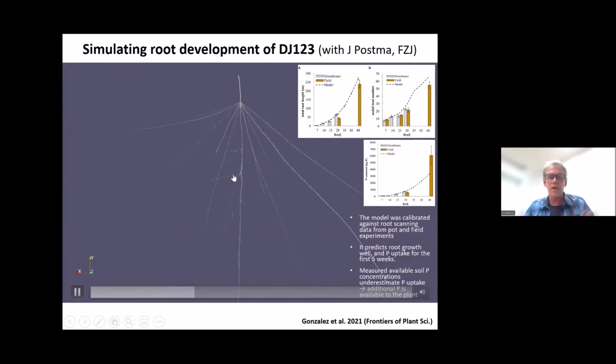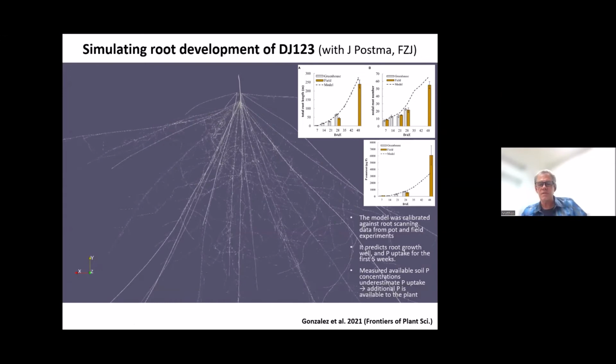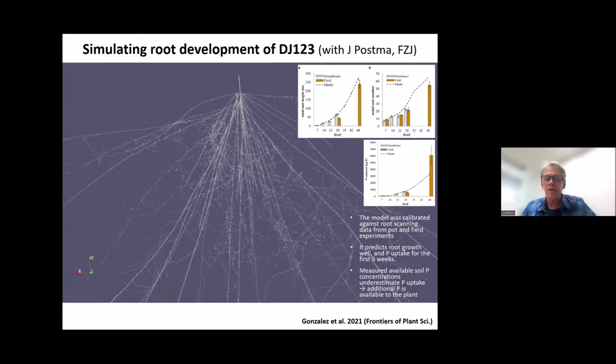S-types develop on all kinds of roots, and they are visible if you look very closely, while root hairs are actually invisible. Here you have another set of crown roots developing from tillers, and the model was calibrated against root scanning data and roots that we dug up and measured in pot and field experiments.